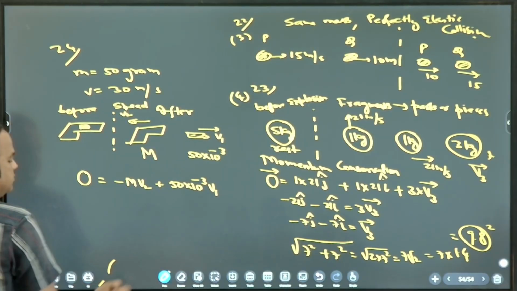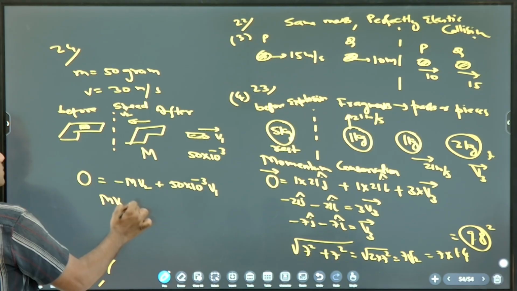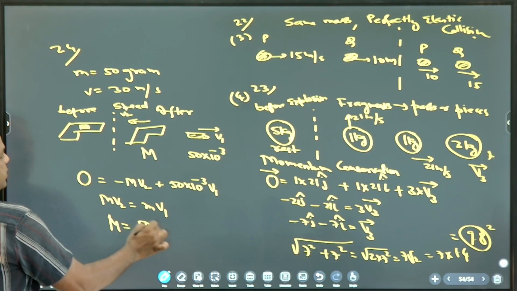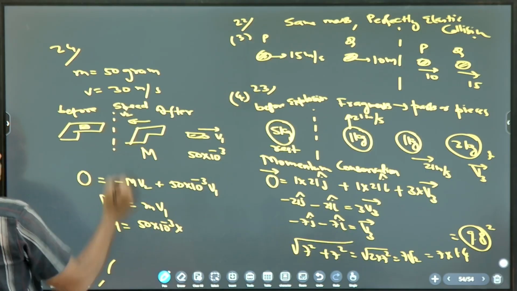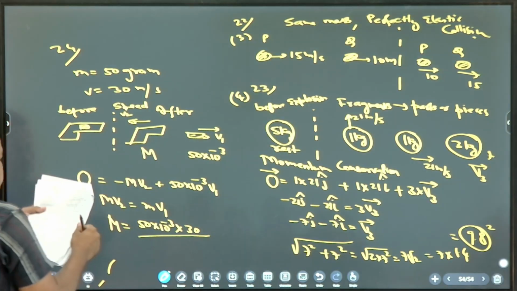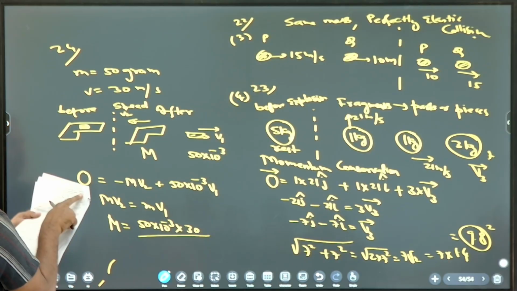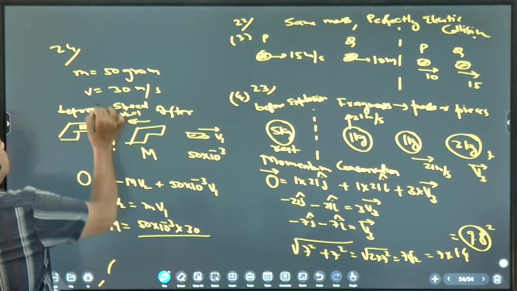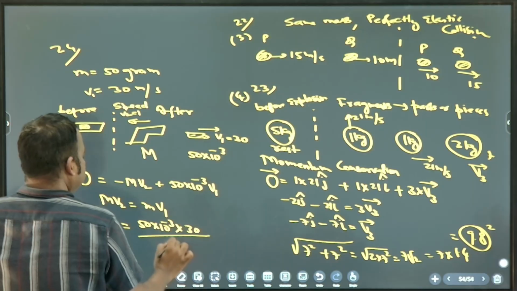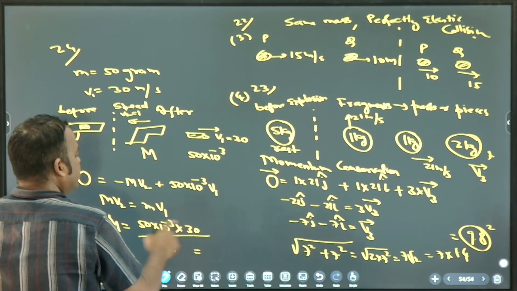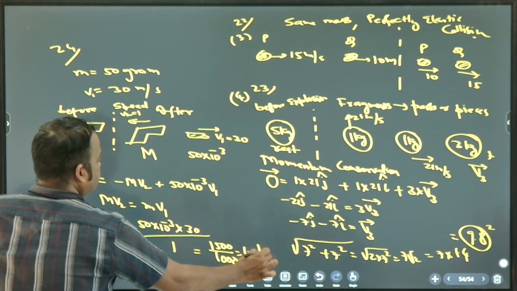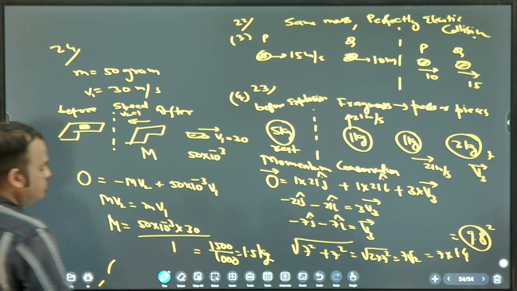So M V2 is equal to small m V1, so capital M is equal to 50 into 10 power minus 3 into V1 by V2. V2 is given as 1, V1 is 30. So 1500 by 1000, so 1.5 kg. Note down 1.5 kg.